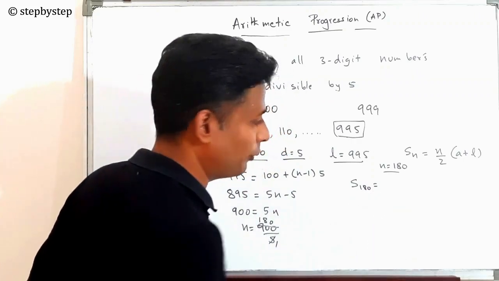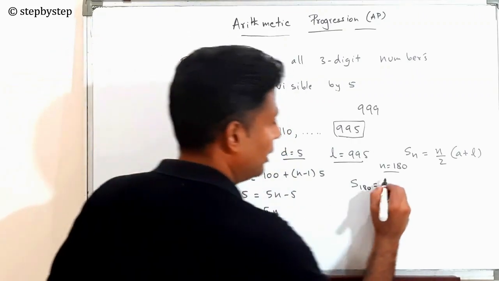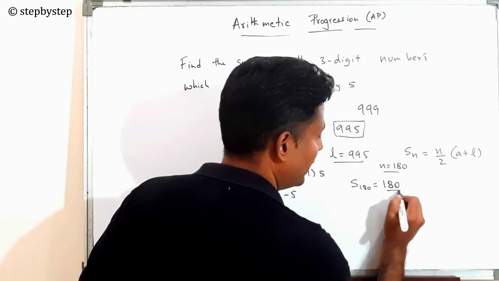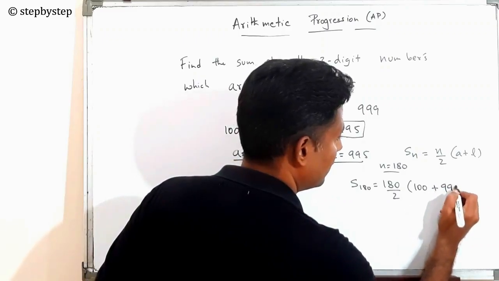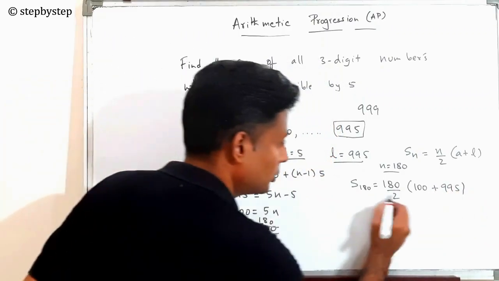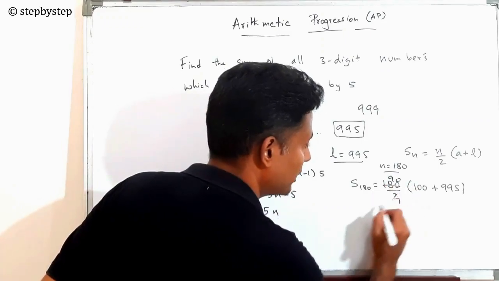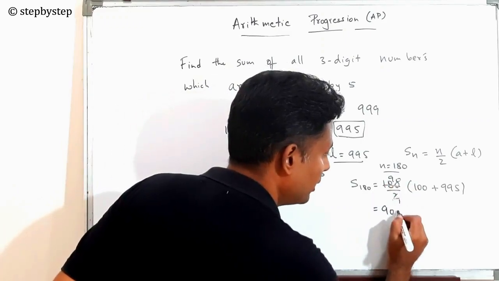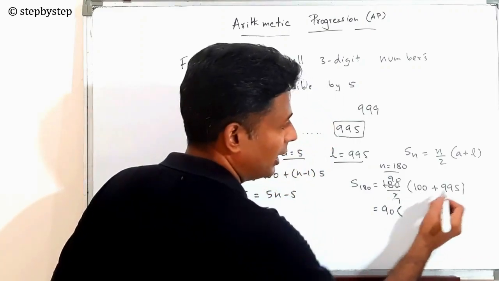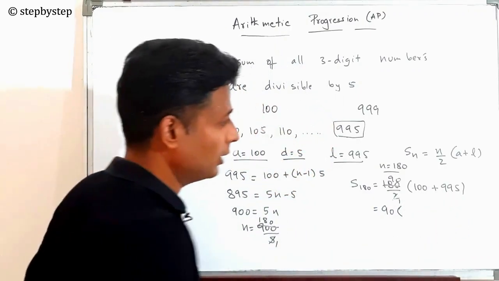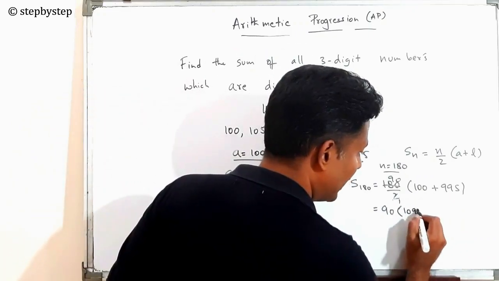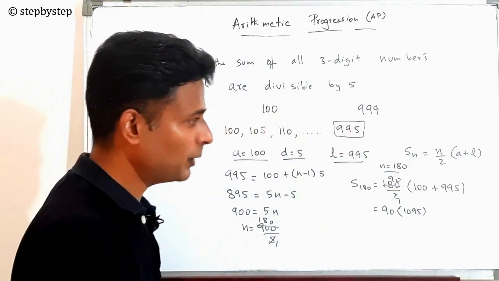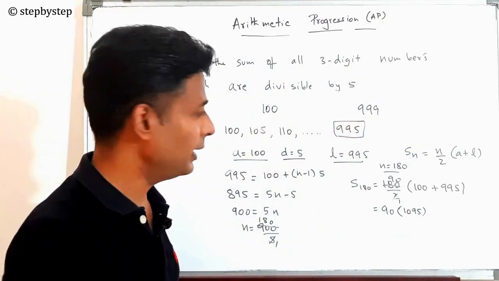There are 180 terms, so s of 180 will be equal to n by 2 into a plus l. Right? So 2 1s are 90. So we get 90 into 100 plus 995. 995 plus 100 is 1095.